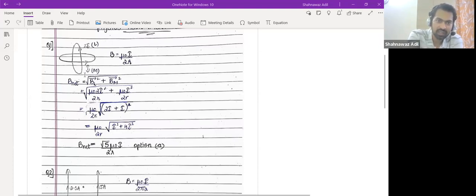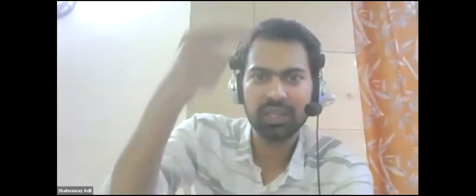And this is in the XY plane. One is going like this, one is going like this. What is the direction if the current is going like this? What is the direction? Please tell me.